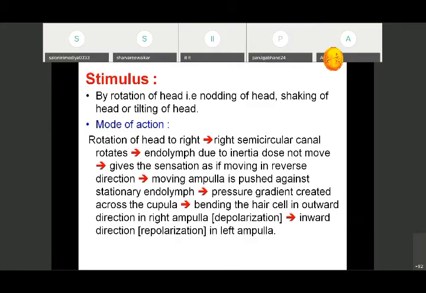So the moving ampulla is pushed against the stationary endolymph, a pressure gradient is created across the cupula, and bending of the hair cells in an outward direction in the right ampulla causes depolarization, and in an inward direction causes repolarization. The reverse will occur whenever we stop the rotation.